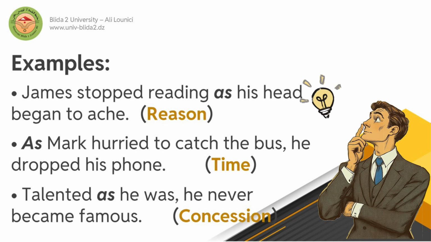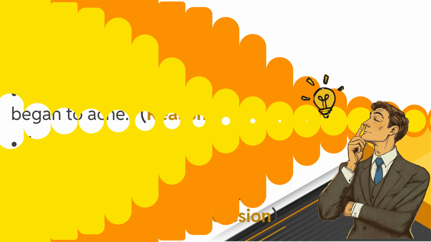In the first example, the adverbial clause expresses reason, while in the second one, the word as expresses time, while in the third one, the word as expresses concession. This means that when we talk about adverbial clauses, sometimes you will find the same subordinating conjunction, but it can express different functions depending on the sentence and the relationship between the adverbial clause and the main clause.